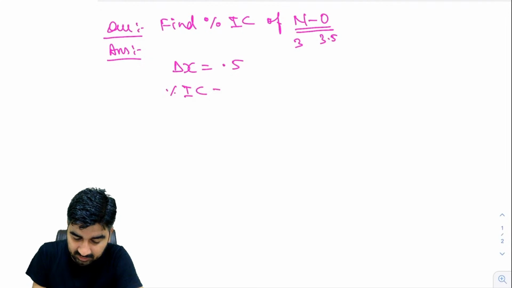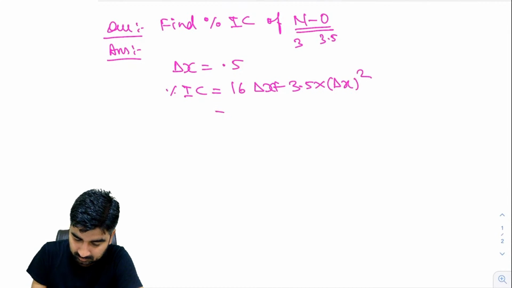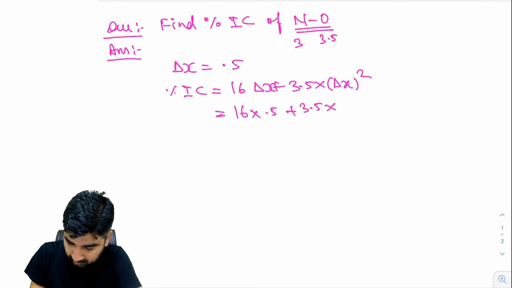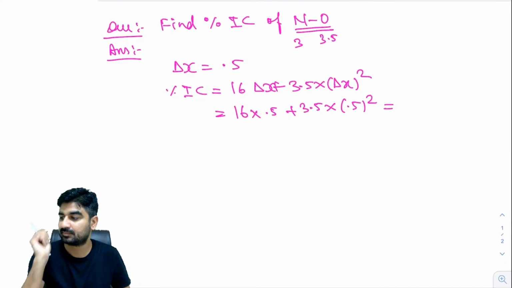So percentage ionic character is, what are you going to get? Tell me.